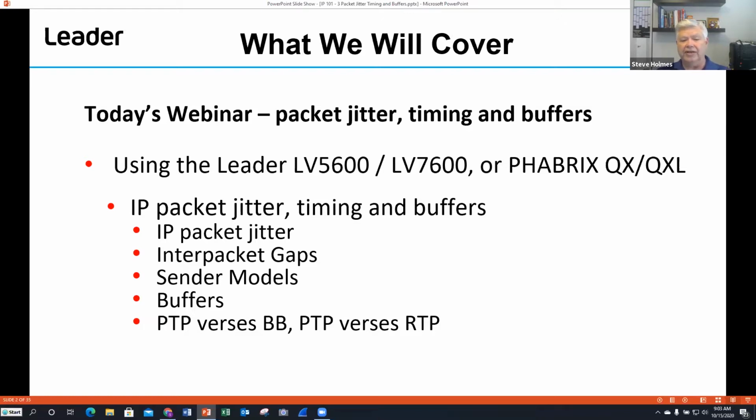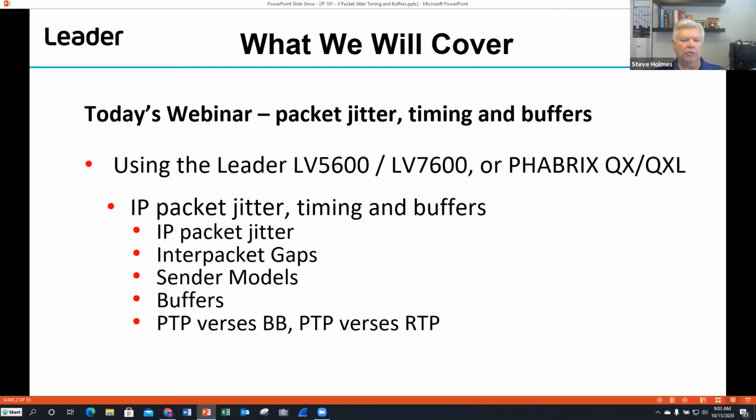We're also going to look at different sender models, because as 2110 has progressed, we've come up with different types of transmitters that are sending the data and different ways they're doing these things. And just as we came up with jitter for looking at SDI, we've come up with buffer models for IP, looking at how transmitters are behaving themselves and what's going on with that.